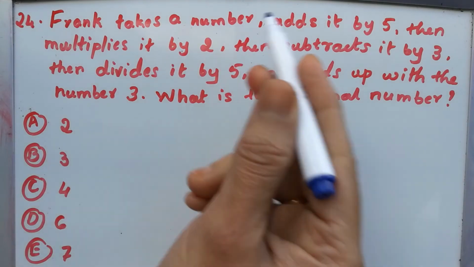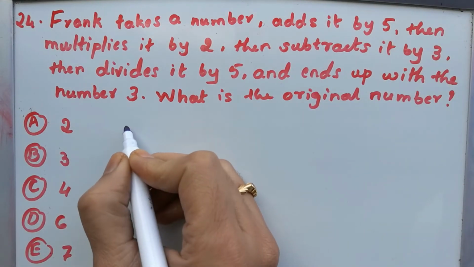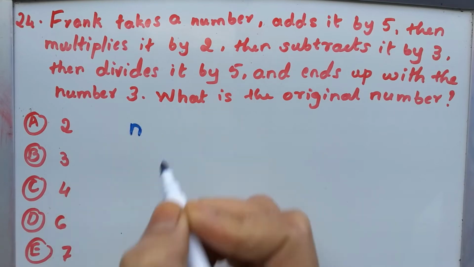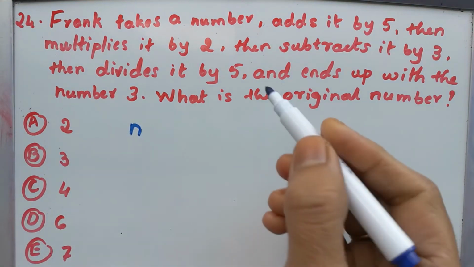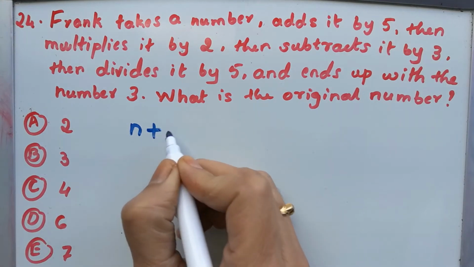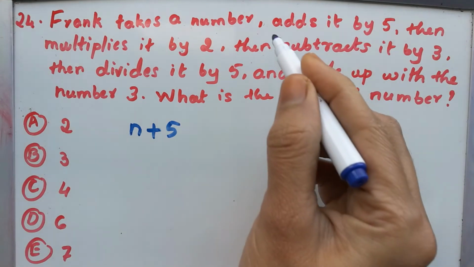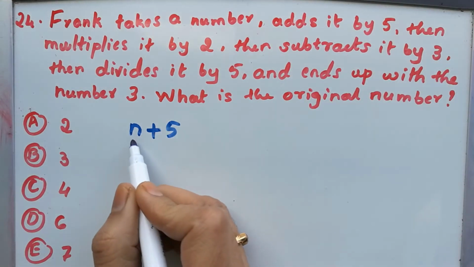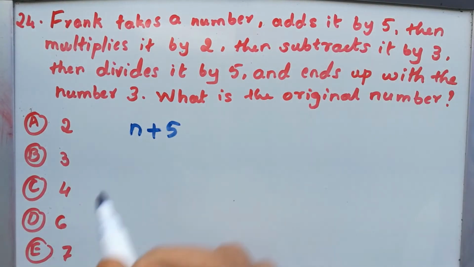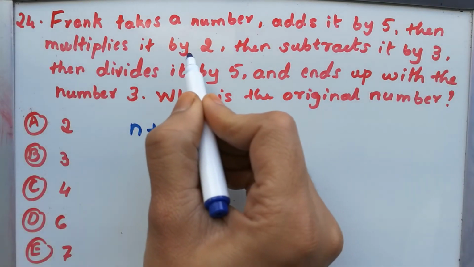So Frank takes a number. We don't know which number he took. So let's take that number be n. Adds it by 5. Try to solve step by step, otherwise you will get confused. He takes a number and adds it by 5. Then multiplies it by 2.